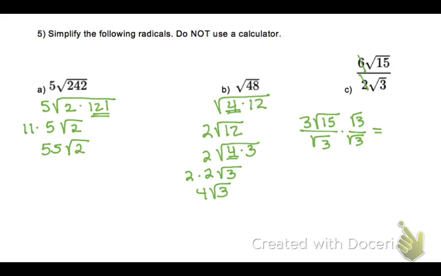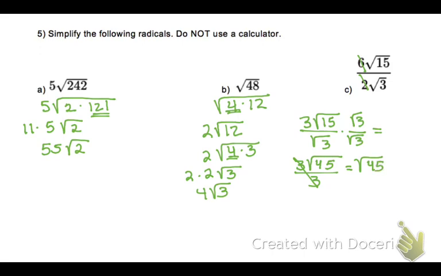So 3 times 15 times the square root of 3, we can combine the 15 and the 3, and we get 45. And 3 times the square root of 3 is 3. And we cancel the 3, and we end up with a square root of 45.